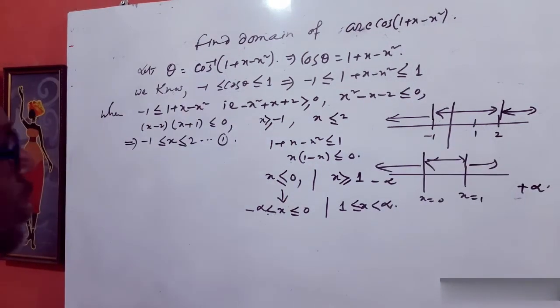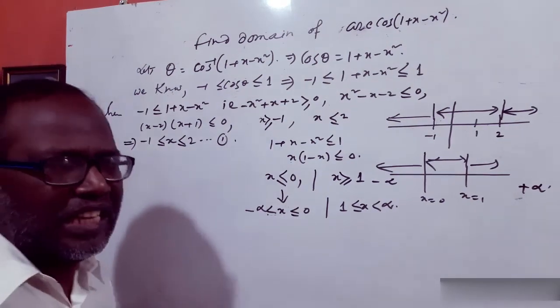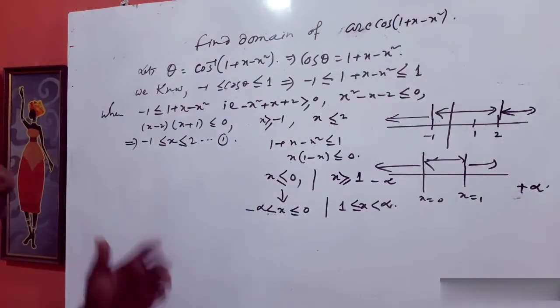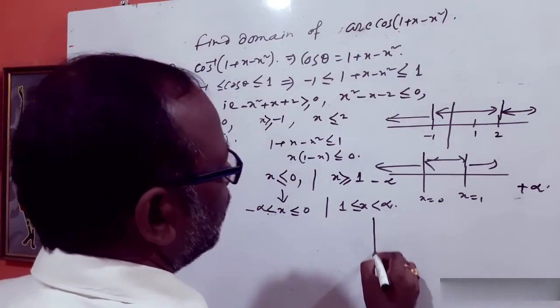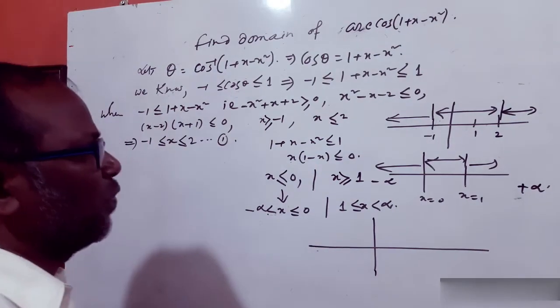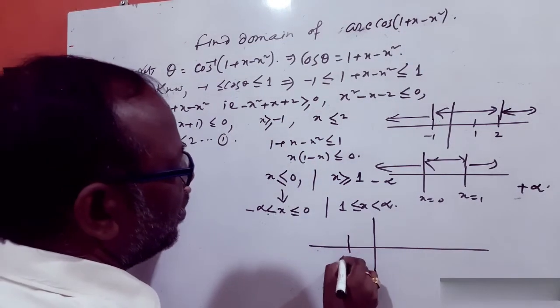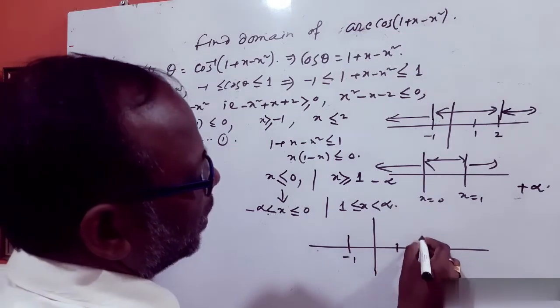Now what is the common domain of these 1, 2, 3? We have to find the intersection of these regions. Now we draw a number line and plot the region where this is satisfied. If we take -1 to 2, this is -1, 1 and 2.